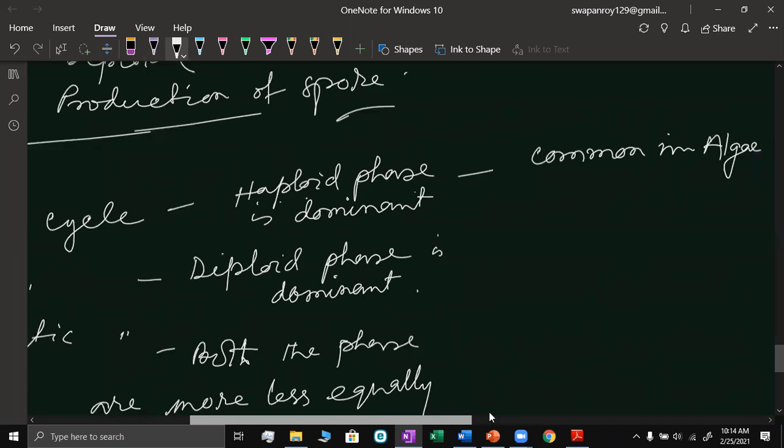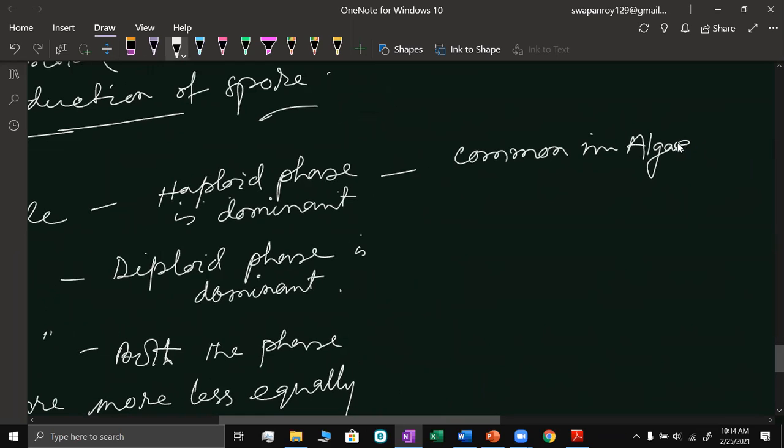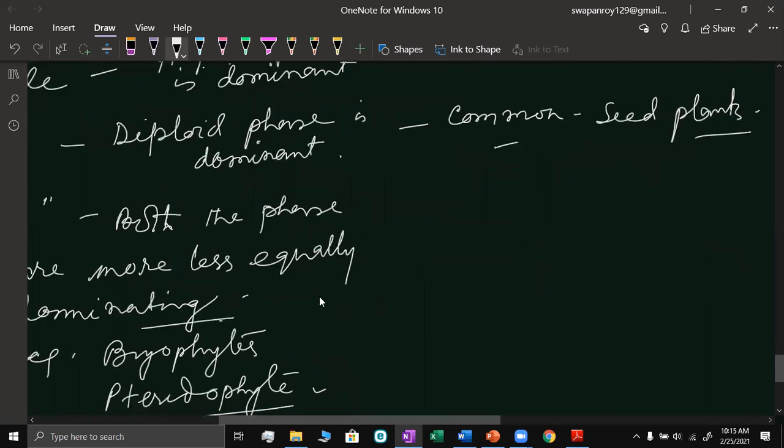The diploid phase, the diplontic, is common in gymnosperms and angiosperms, that is, in seed plants. And the haplodiplontic is in bryophytes and pteridophytes.